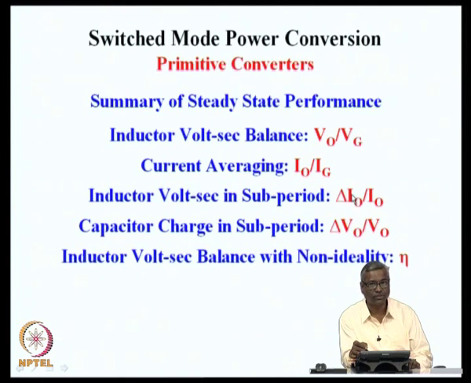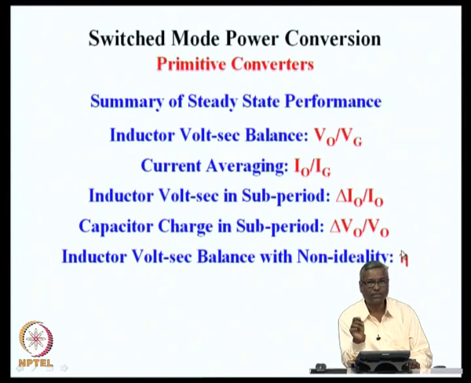Inductor current is associated with the stored energy in the inductor. Capacitor voltage is associated with the stored energy in the capacitor, and the non-idealities in the inductor current and capacitor voltage are the ripple associated with the respective current and voltage. The product of V naught by Vg multiplied by I naught by Ig is the efficiency.